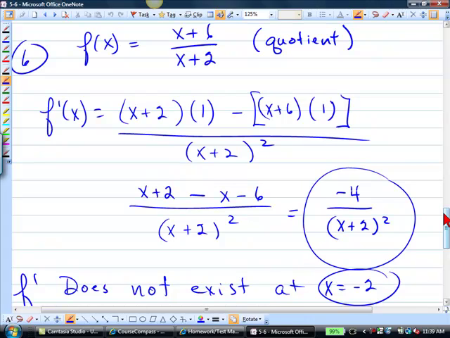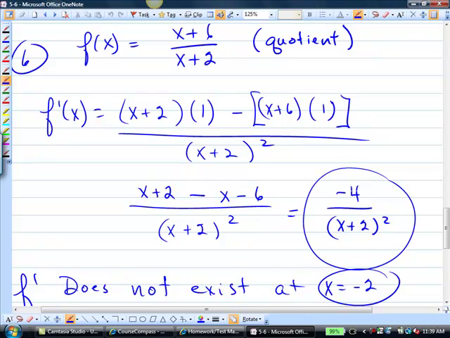So you do all of this, you find the derivative, and it's this. You know how to do the quotient rule in theory. And when we set it equal to 0, what happens to that whole bottom? It just goes away. And so you don't get anything.